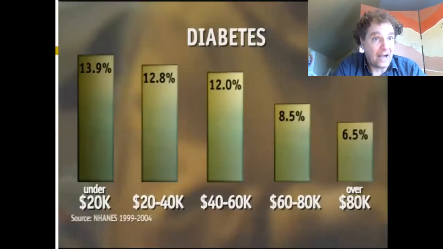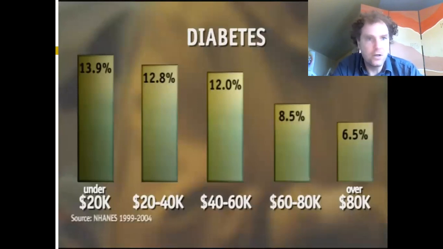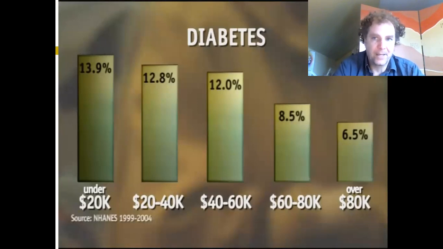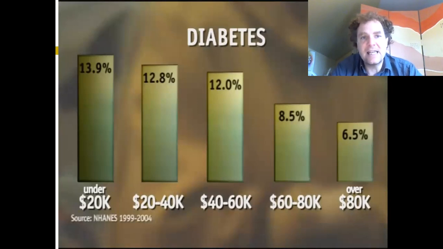Are people correct in their self-assessment? So we can ask them what they think about their health. Is their self-assessment accurate? Yes, it is. We can look at a person's actual risk of various diseases. So for example, diabetes, a very common illness in America. What we see here is that people with more money have much less of a risk of having diabetes.